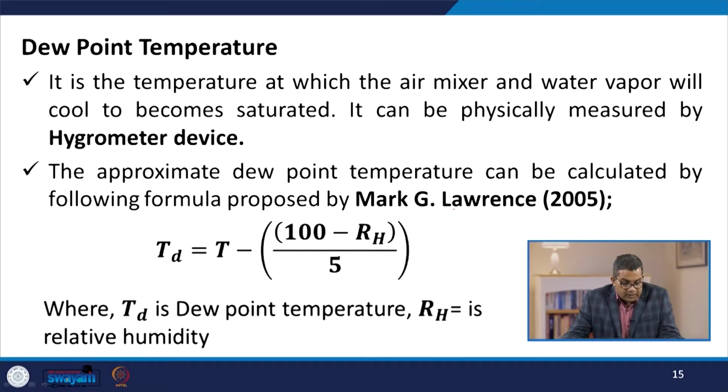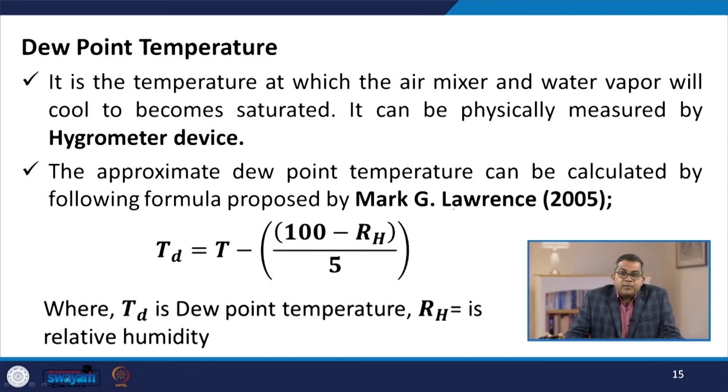Another important point which we need to address is the dew point temperature. It is the temperature at which the mixture of air and water vapor will cool to become saturated. It can be physically measured by a hygrometer device.